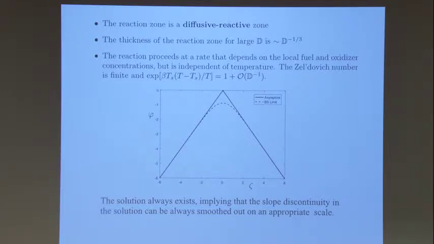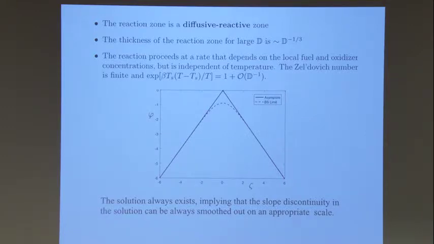It always can be smoothed out. Note that in the Burke-Schumann solution the Arrhenius exponential makes no contribution to the reaction zone, and it's purely, if you like, a mixing in that thin zone.